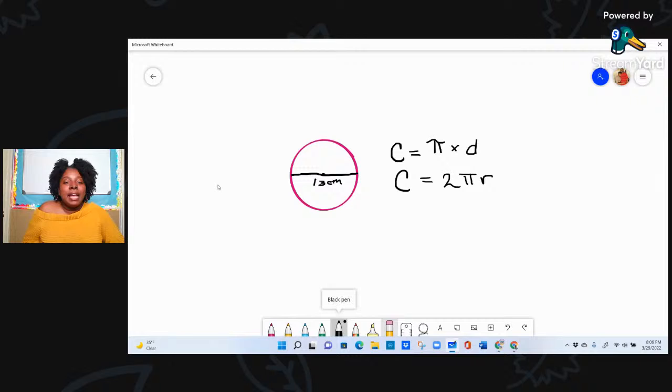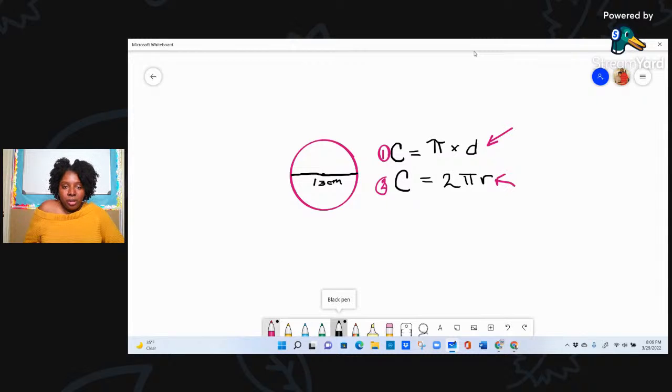If they give us the diameter, so here's equation 1, and here's equation 2. Which one is better to use if they gave us the diameter? Should I use this formula with diameter, or should I use the radius one? So put a 1 or 2 in the chat. Which one should I use if they give me the diameter?